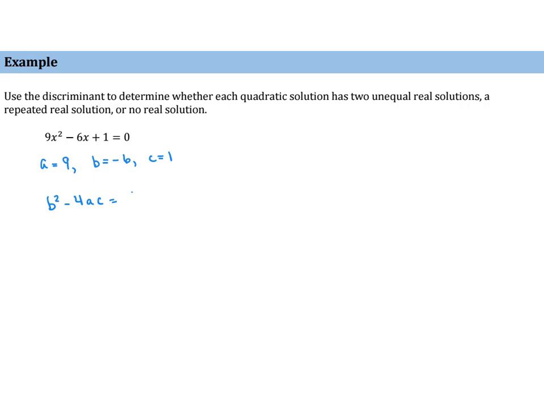That will be the square of negative 6 minus 4 times 9 times 1. So the square of negative 6 is positive 36. And 4 times 9 is 36. So we get a discriminant of 0.